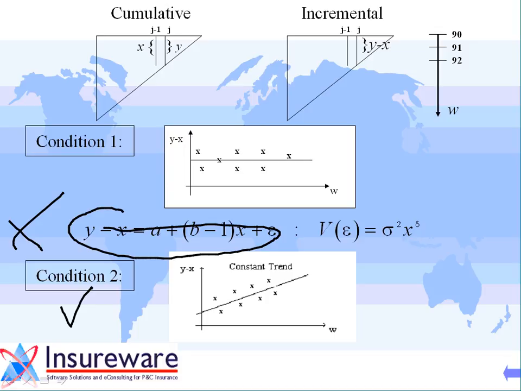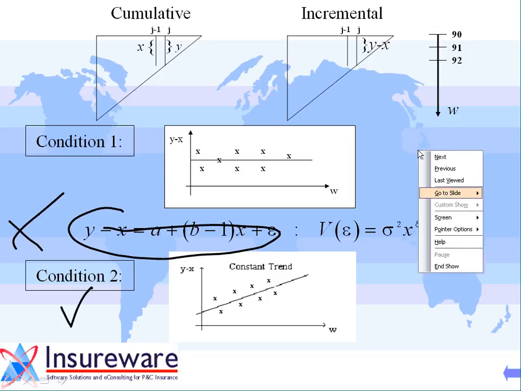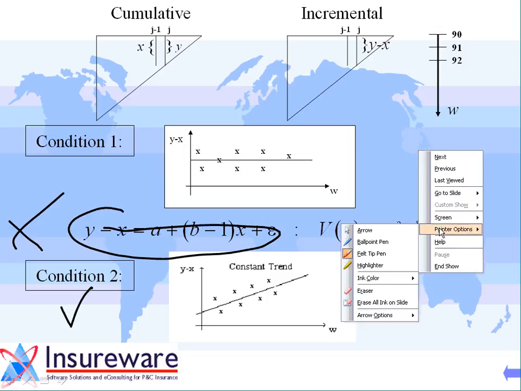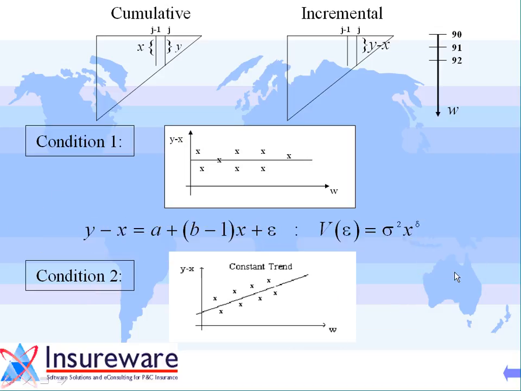Okay, so just a quick summary of these various conditions, which are mutually exclusive. You take any real triangle that you've adjusted by an exposure base. You have the cumulatives and the incrementals sitting in Excel, and in Excel, you can draw some graphs.